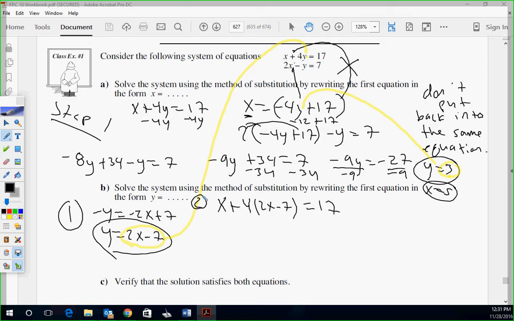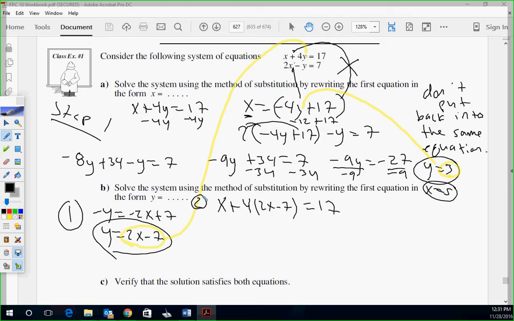Think about two different variables. If you still have an x and a y, you did something wrong, right? Okay, good. What else? What's the one thing I said earlier could happen if you plug it back into the original? Yeah, you get 0 equals 0, right? Okay, so there are two options when you know things aren't going well.